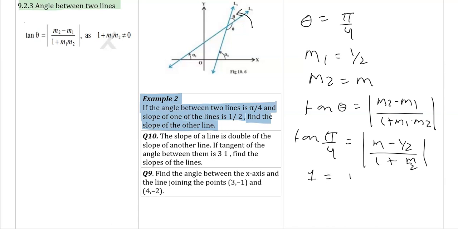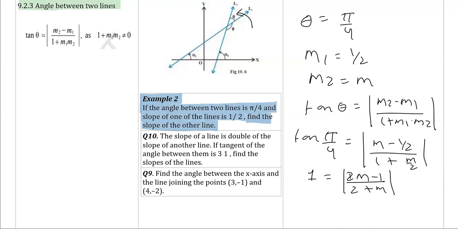Now if I take LCM, we'll get 2m minus 1 over 2 in the numerator, and the denominator will be 2 into 1 is 2 plus m. Whole modulus, and the 2 in the denominators get cancelled.